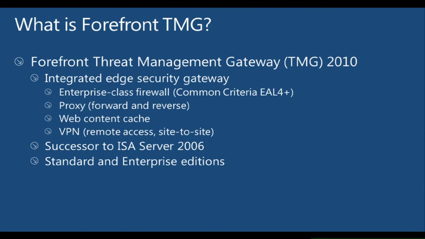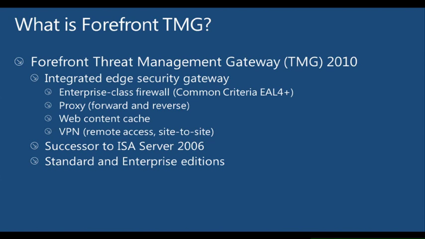Forefront TMG, of course, is the successor to ISA Server 2006 and the ISA Server line of products. The product for this iteration has undergone a name change, so it is now Forefront Threat Management Gateway, and you'll see later that I think the name is an excellent identifier of what the capabilities of this solution are.